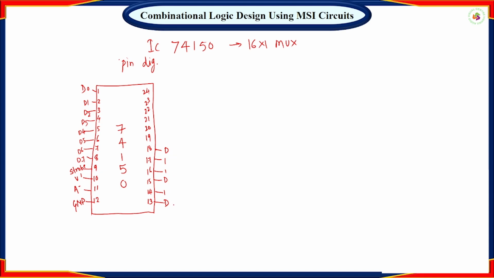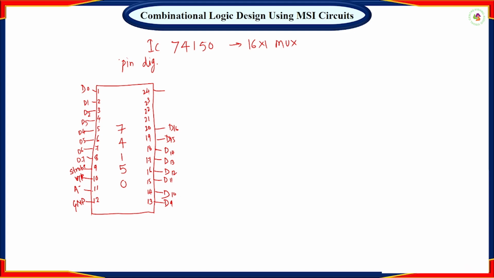So these are the data input lines which are chosen here, right? Pin 9 and 12 are your strobe, enable and ground signals. 24 is your output, right? So pin number 10 is output, right?